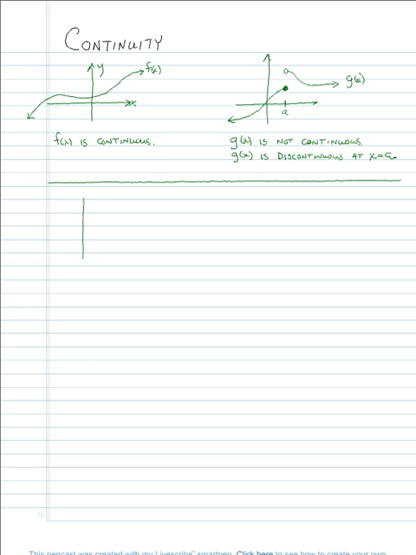We don't know the formulas for these graphs, but here might be the first situation. I'm going to look at the graph of f. Suppose this is where the x value of a is. And we see this graph, and it comes along, and right here where a is, there's a hole in the graph. We've seen this type of situation already. And this is the graph of f.